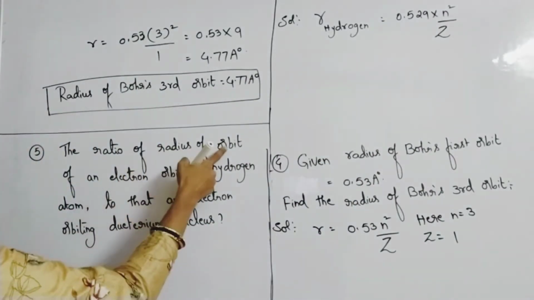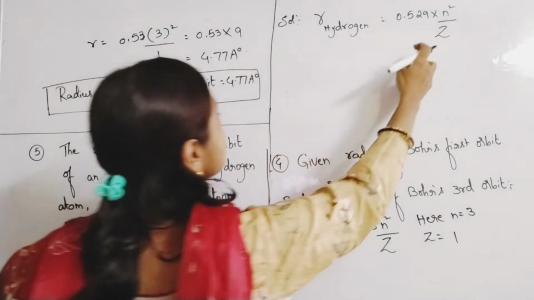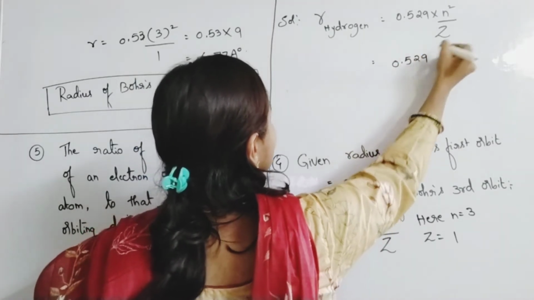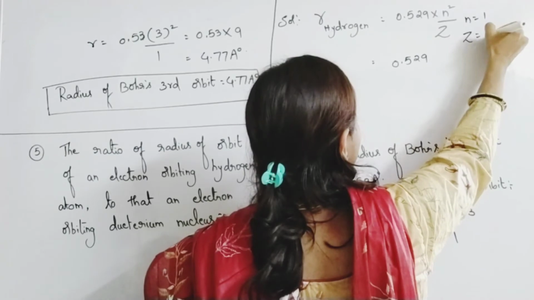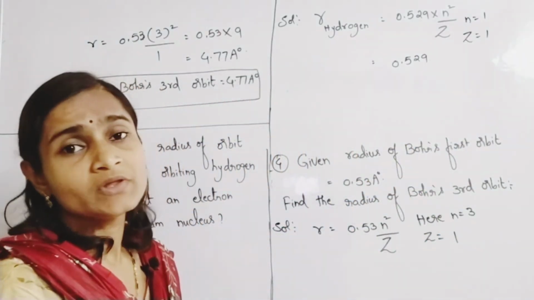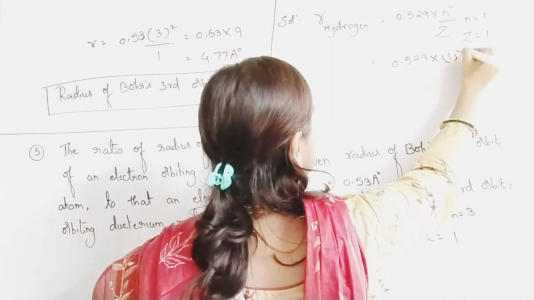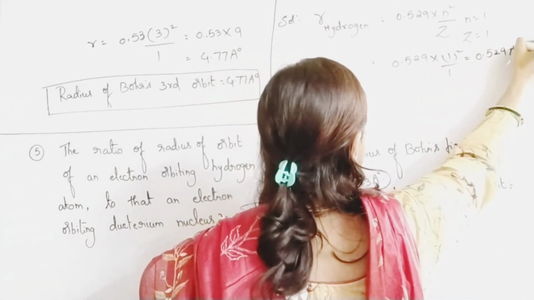Here 0.529, n value is equal to 1, z value is also equal to 1. So just substitute 1 square by 1, which is nothing but 0.529 angstroms only.